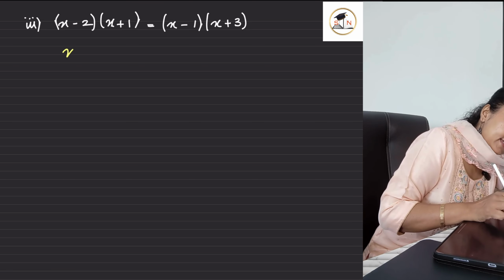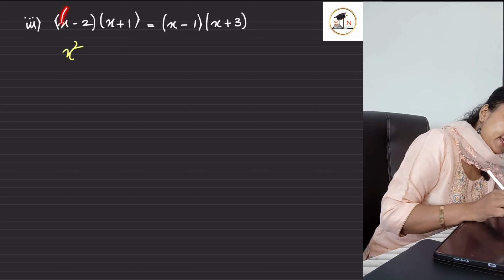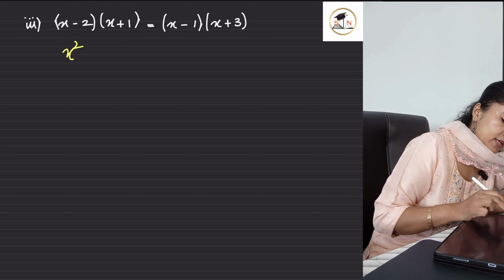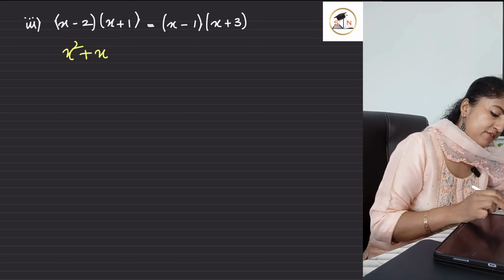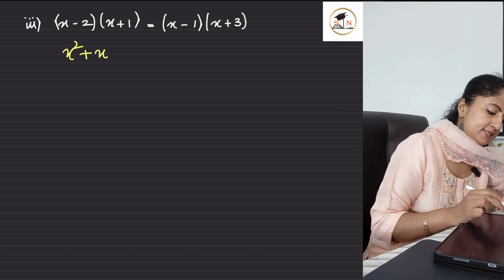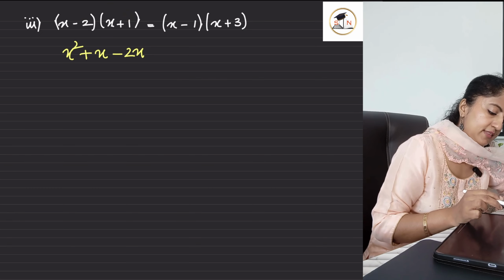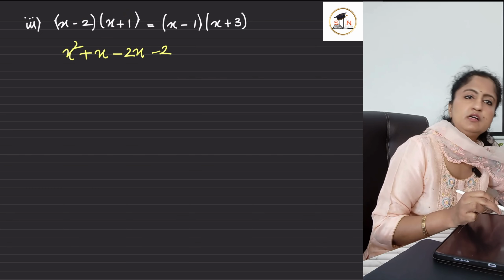What we get is x square. I multiplied x with x and then x with 1. So it will give me plus x, and now I will multiply minus 2 with x. So it gives me minus 2x and then minus 2 with 1. That will give me minus 2.